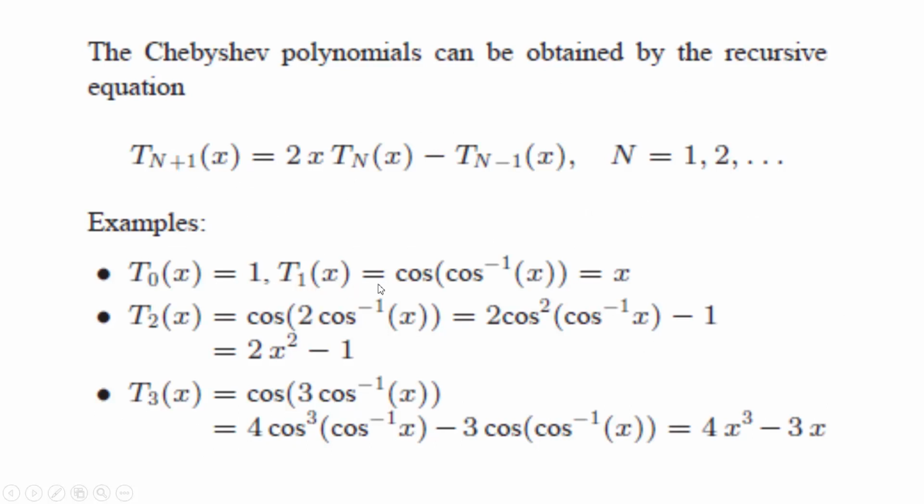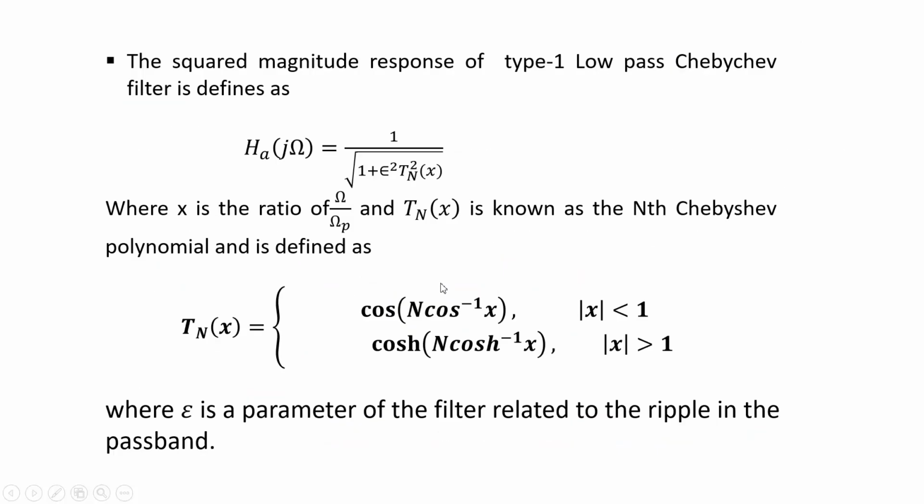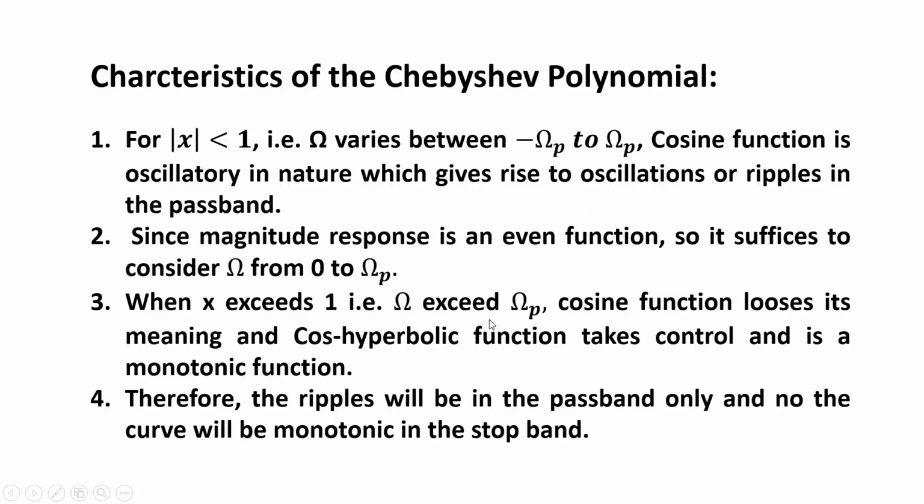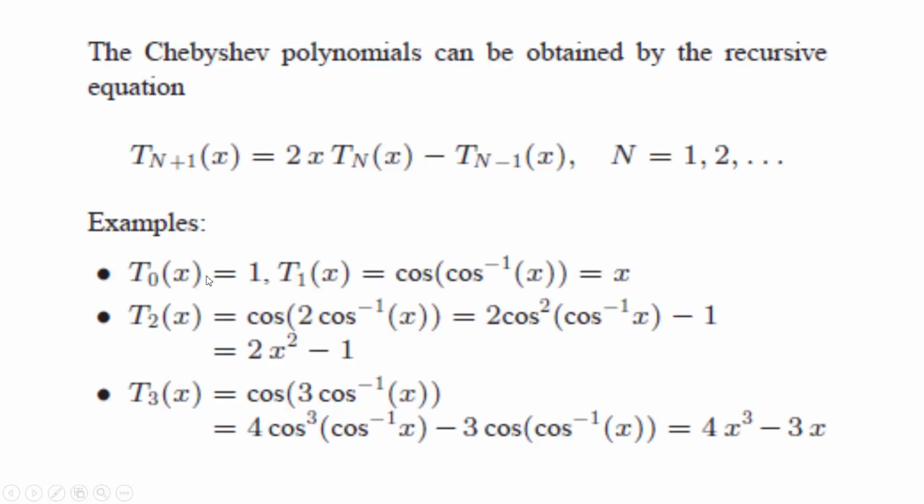For T1(x), capital N is 1, so that means cos of cos inverse x. So obviously it will be x only, right? For T2(x), given the value of capital N as 2, this will be cos of twice cos inverse x. You can take cos inverse x as theta. In that case, this will be the expression for cos 2 theta, which is actually 2 cos square theta minus 1.